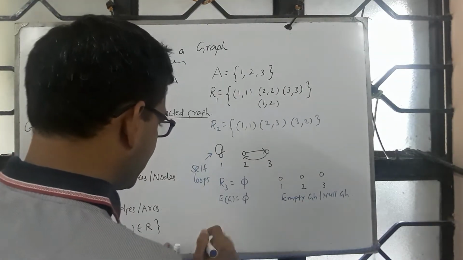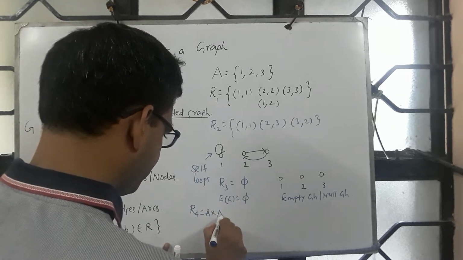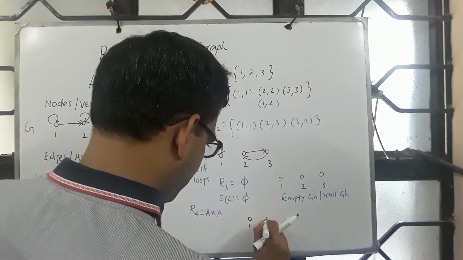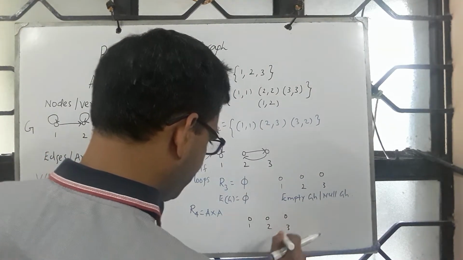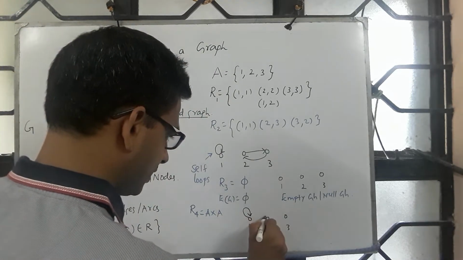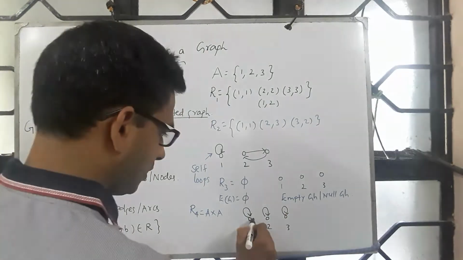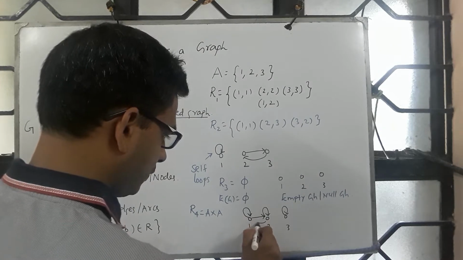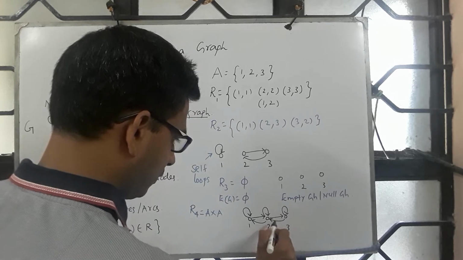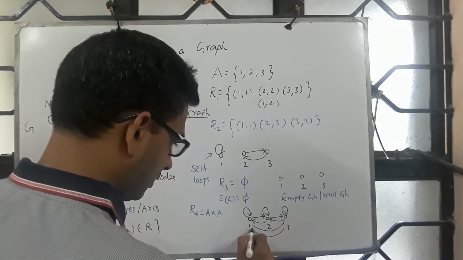And suppose you look at R4 as A cross A. Then you will have 1, 2, 3, and you see that (1, 1) is present, (2, 2) is present, (3, 3) is present. There is an edge between 1 and 2, similarly 2 and 1, 2 and 3, 3 and 2, and 1 and 3, 3 and 1.